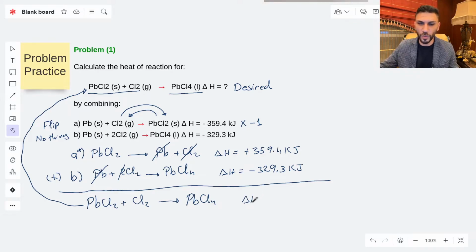Now delta H for this reaction: because we combined these two reactions, I'm going to add delta H for reaction A star with delta H for reaction B. So it's going to equal 359.4 minus 329.3, which equals 30.1 kilojoules, and it's positive.